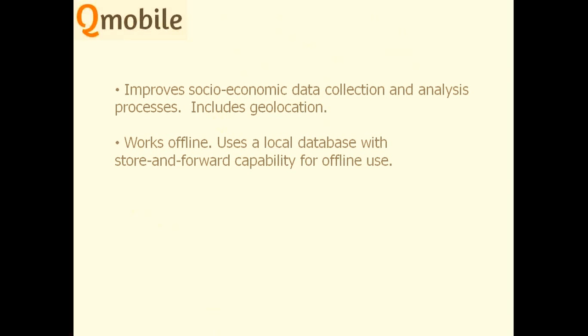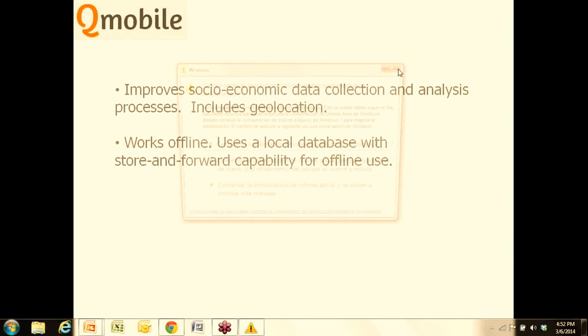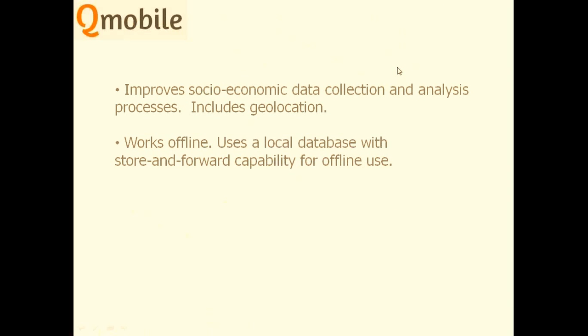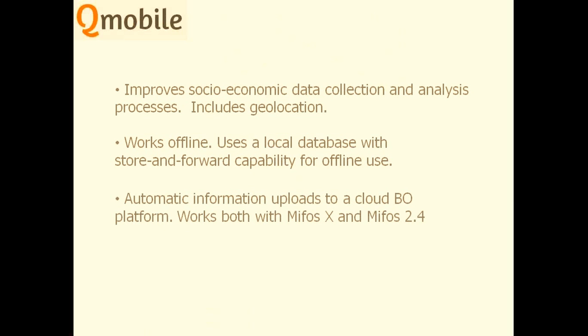It allows credit officers, people working on the ground, to download information to their devices, disconnect, and work offline in the field. When they come back, they can forward this new information into Mifos, the cloud platform. So it does an automatic upload to the back office, and it works with both Mifos X and Mifos 2.4.